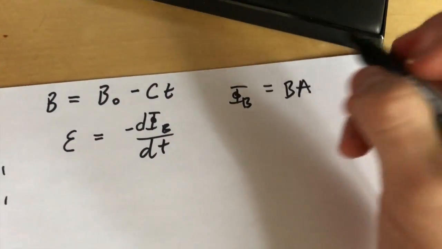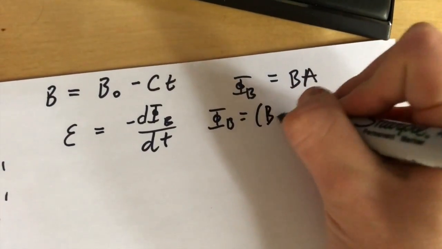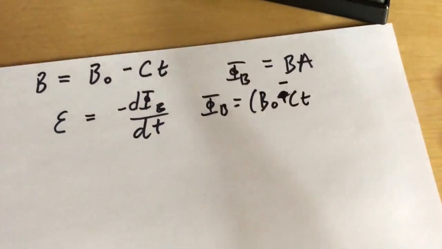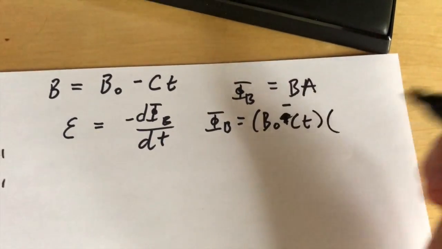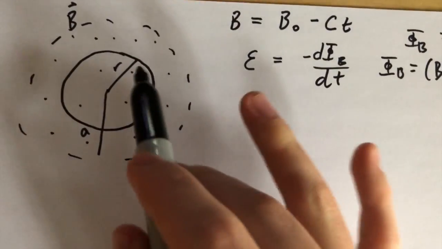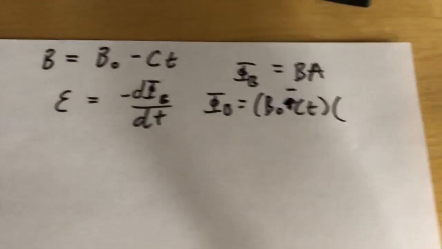So here is our B function, so let's rewrite that. Oh, sorry, not plus, minus Ct, excuse me, times our area, the area of the loop that we care about. Circular, pi r squared, because this is the loop with a radius of r.